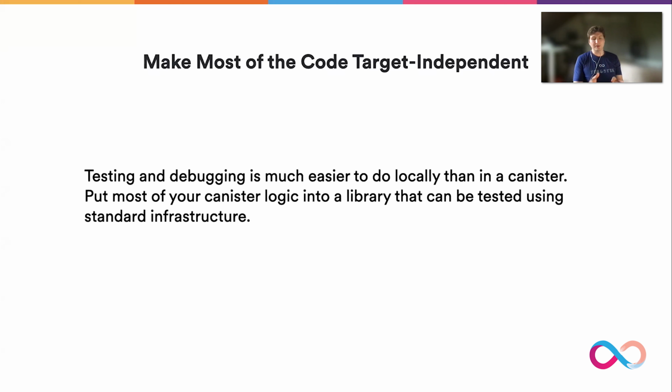One last point is, even if you need access to some Internet Computer specific functionality, for example stable memory, what you could do is build a local abstraction, like abstract stable memory. Say I have a trait which provides some methods, and you can have a fake but faithful implementation of this trait, which, for example, emulates stable memory as a vector.